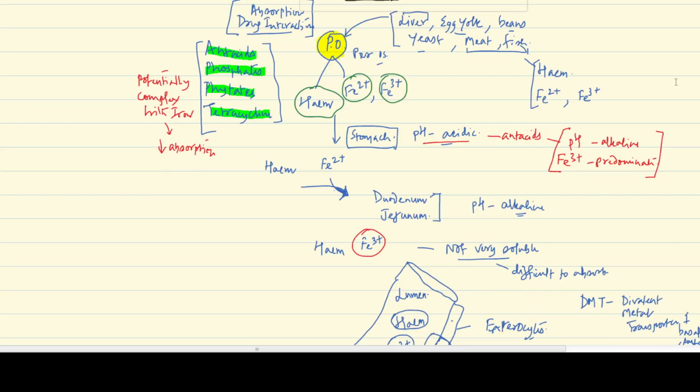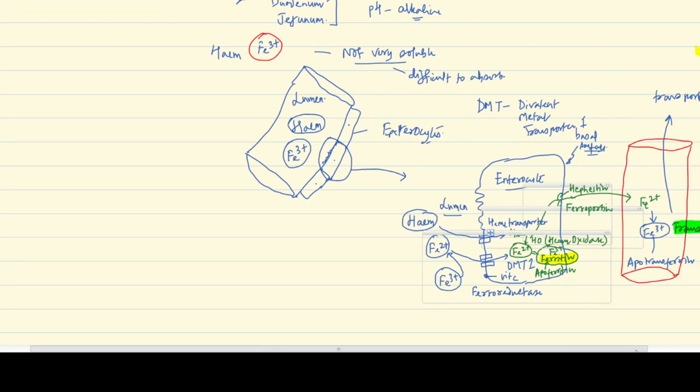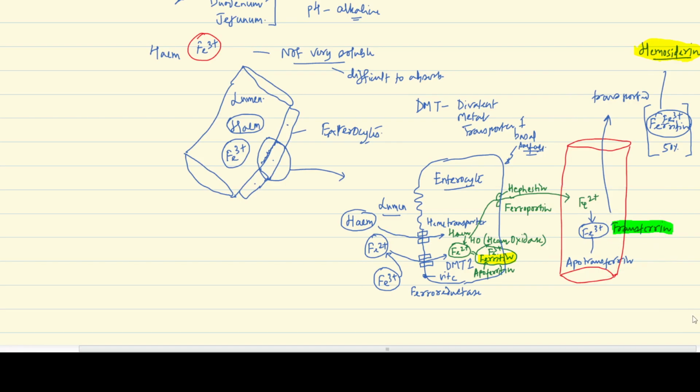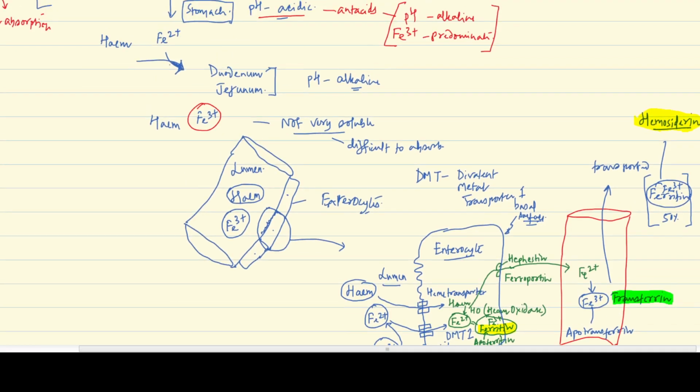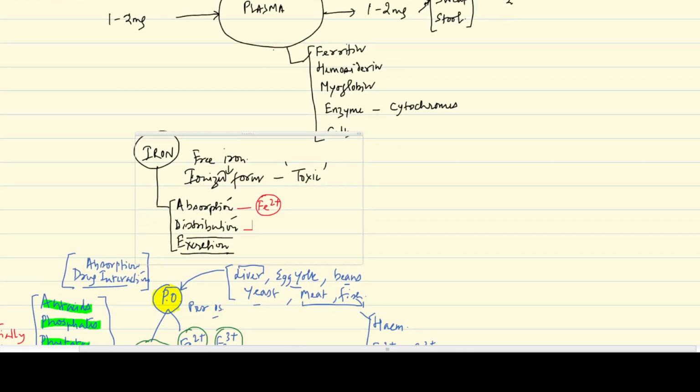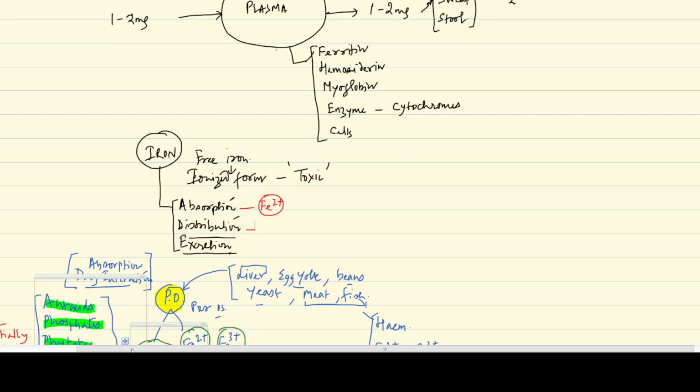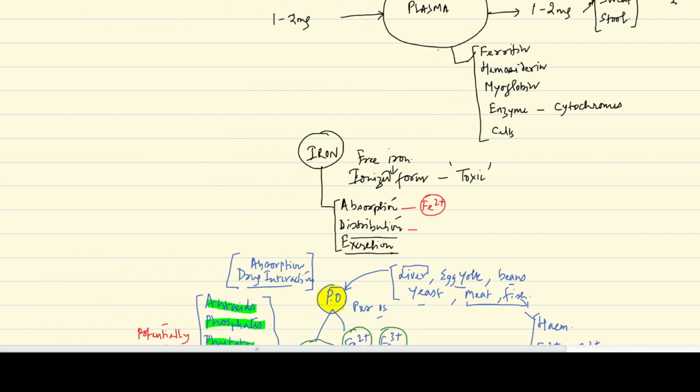What happens? Let's recap. Once it reaches the blood, it is transported along with transferrin. So that's the distribution part. So distribution, it is with transferrin.